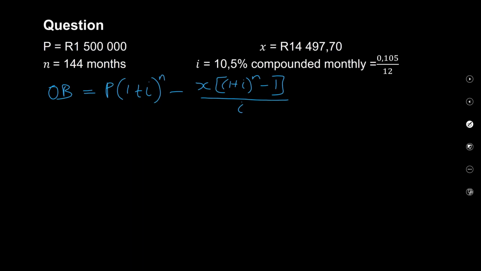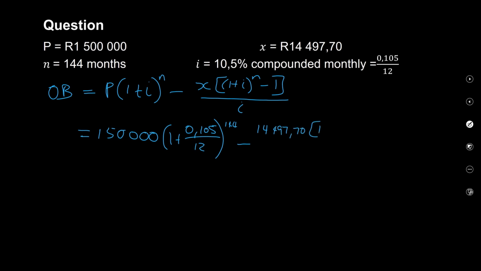Now, this will then be equal to the present value, which we know is 1.5 million, into 1 plus the interest, which we know is still 0.105 divided by 12, to the exponent of 144, minus what this person was paying, 14,497 and 70 cents.